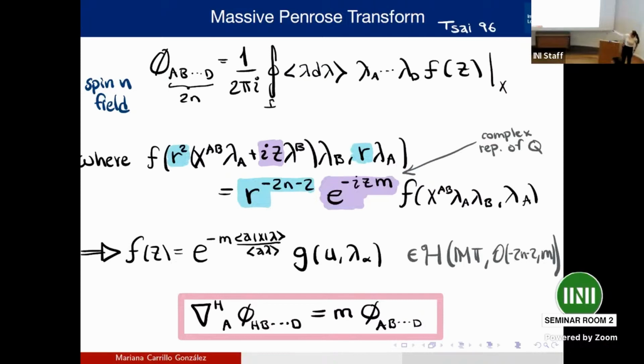Yeah, in the sense of it's not just a function of U and lambda alpha, but yeah. It just wasn't clear to me how to write a cohomology class representative of this type only in terms of U and lambda alpha. But I don't know if I'm just not being creative enough. Yes.